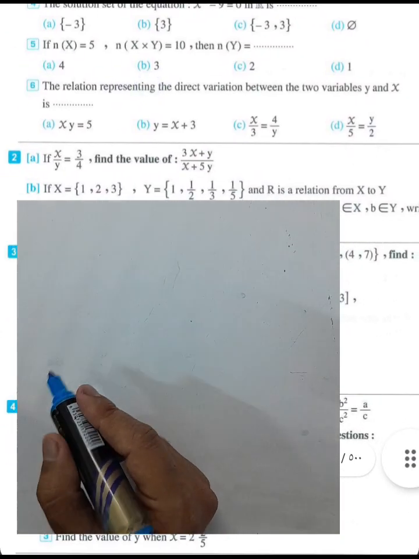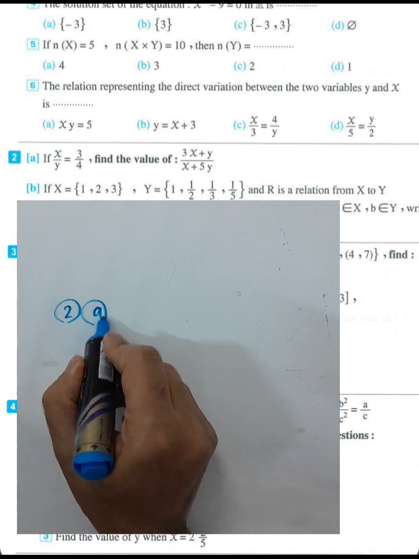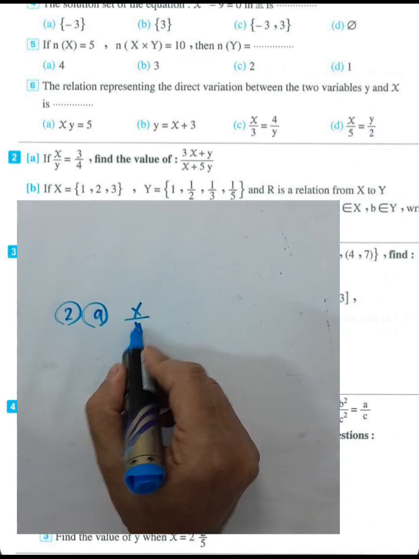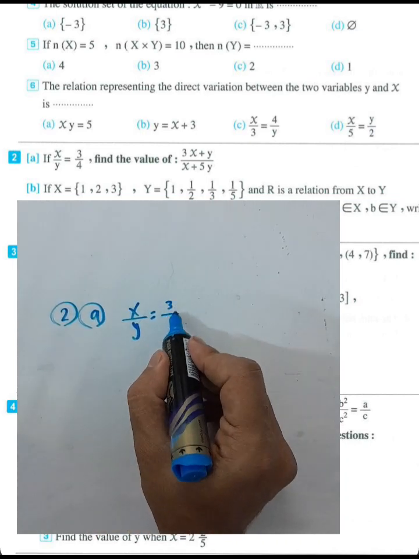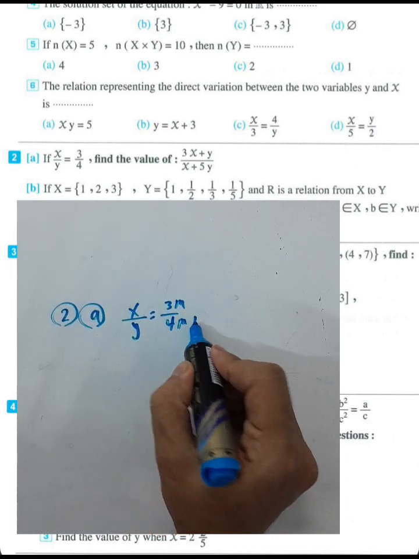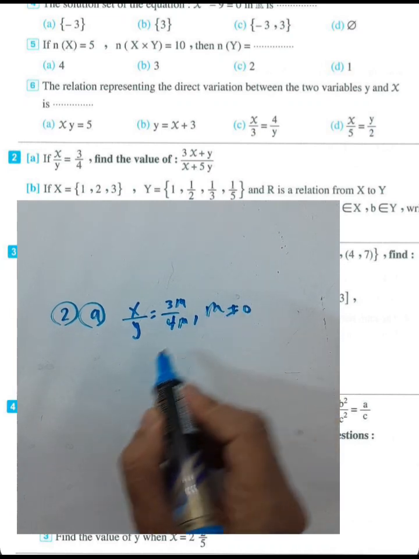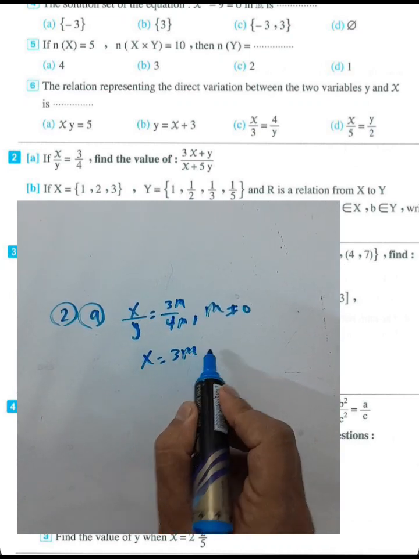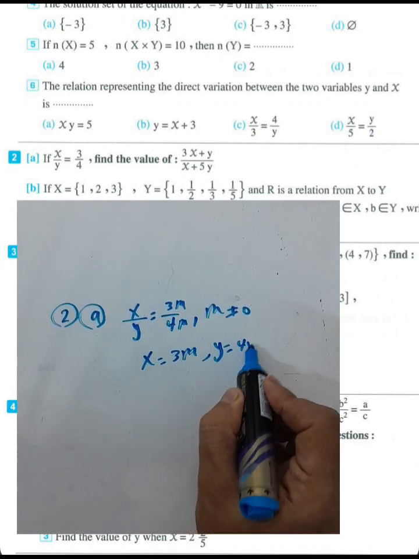Question number 2, letter A. x over y equals 3 over 4. We can put a constant m, m not equal 0, then x equals 3m and y equals 4m.